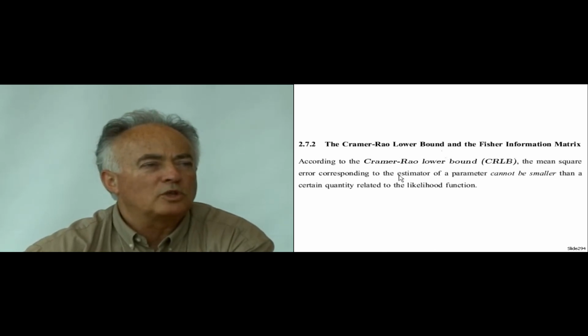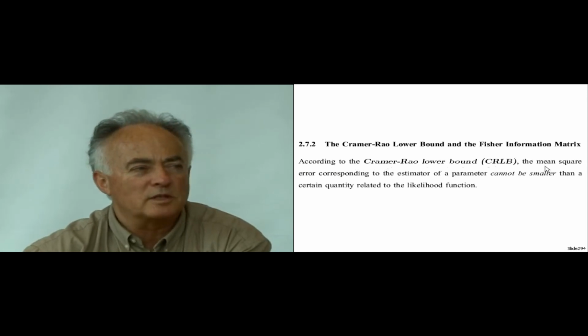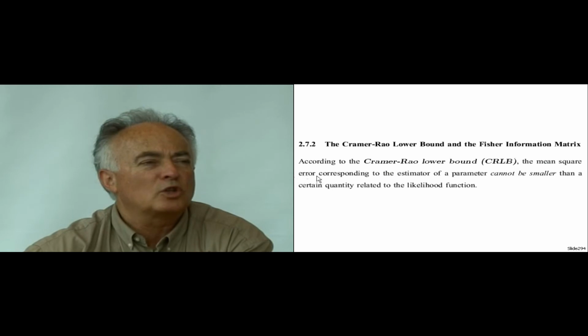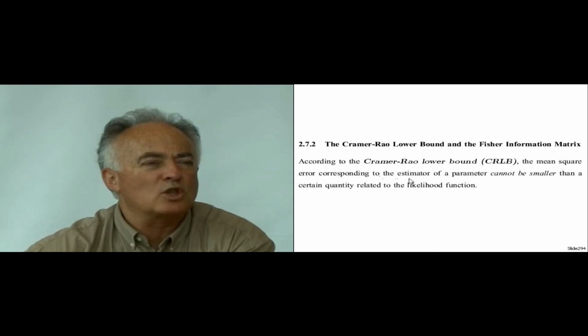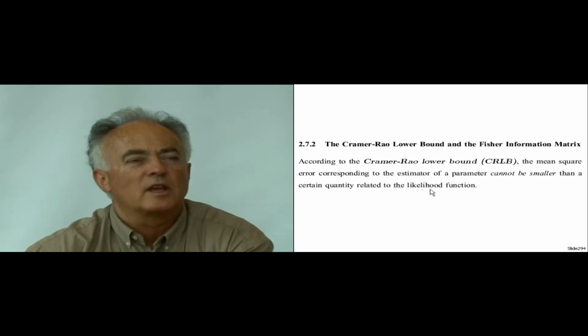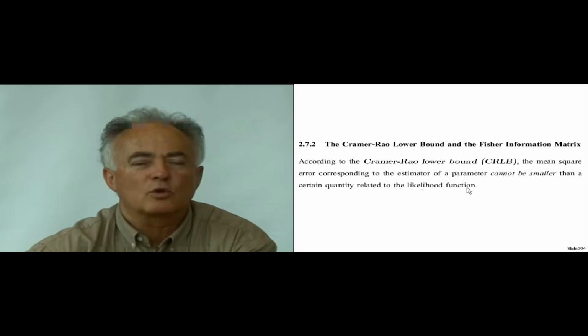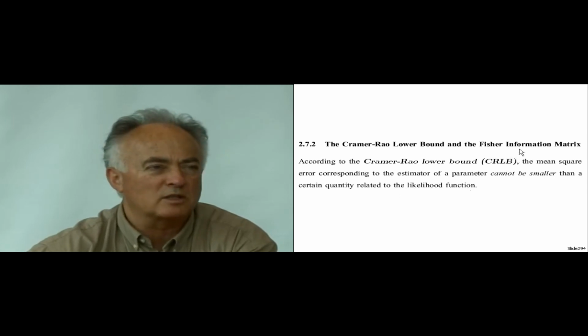According to the Cramér-Rao lower bound, the mean square error, or the variance, corresponding to the estimate of a parameter cannot be smaller than a certain quantity related to the likelihood function. That quantity is called the information matrix.